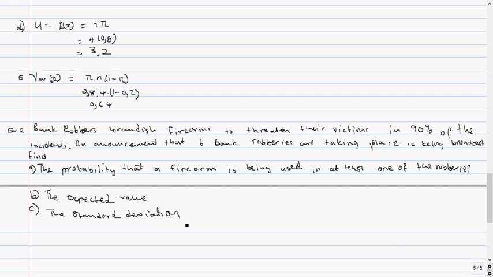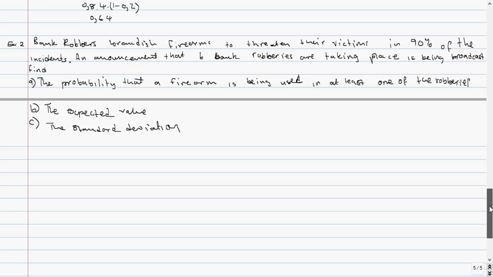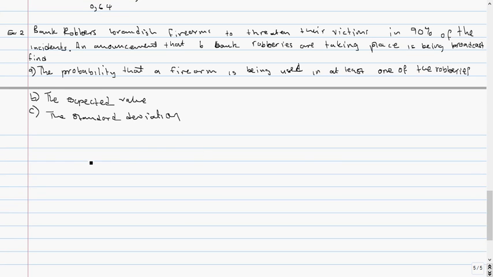Right. So to answer that, for A, before we even get there, we need to take note of important things, which are our pi, which is the probability of success in this case.